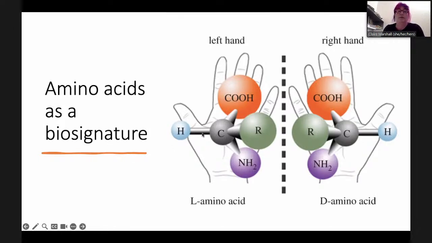We have left-handed and right-handed amino acids. And here on Earth, predominantly, life utilizes the left-handed amino acid as a building block to make proteins. There are some exceptions, as there always are, but predominantly we tend to utilize left-handed amino acids as a biosignature.